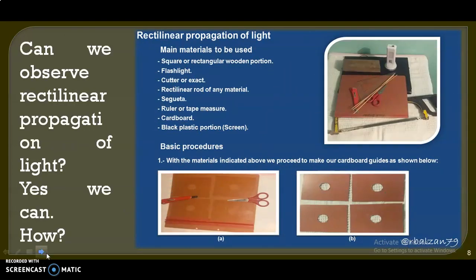Now let us see how to create this arrangement to observe rectilinear propagation of light. We need a few materials. What are these? Let us look at the image inserted on this slide. We need a torchlight, which is also otherwise called a flashlight. We need a square or rectangular wooden board or cardboard.